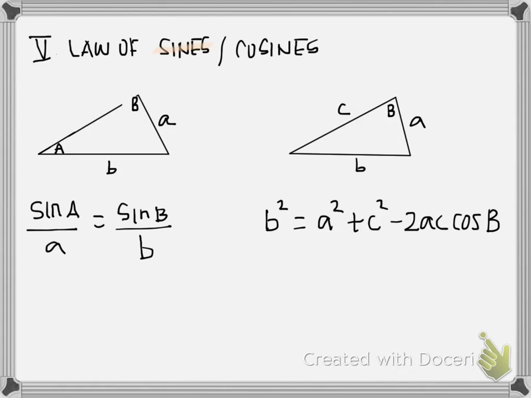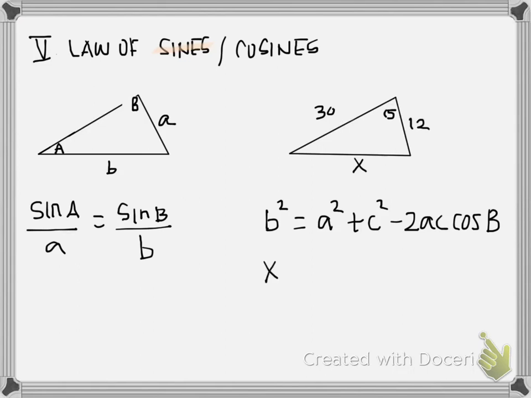We can flip-flop this around, so whatever we're trying to find right here, if we know this angle up here, say 15 degrees, and we know these two sides, say 30 and 12, then we can plug that in.